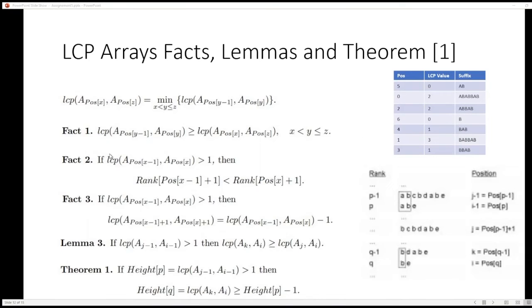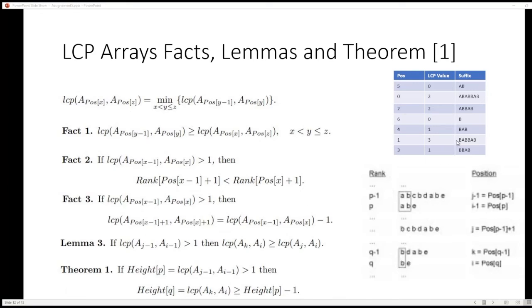So now I will state some facts, lemmas, and a theorem that will help us construct the LCP array in linear time. The first observation: the LCP between 2 suffixes is the minimum of the LCPs of all pairs of adjacent suffixes between them on the suffix array.